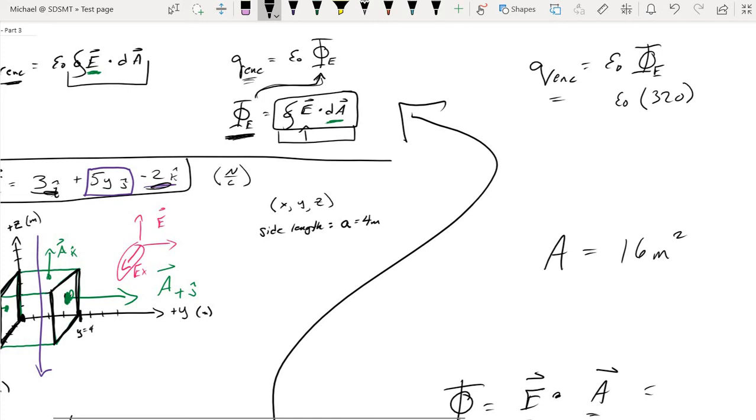We need to multiply that by the permittivity value, epsilon naught, and we will get the charge that was enclosed by our cube. Our epsilon naught value is 8.85 times 10 to the negative 12, times 320. Calculator time, 320 times 8.85 times 10 to the negative 12.